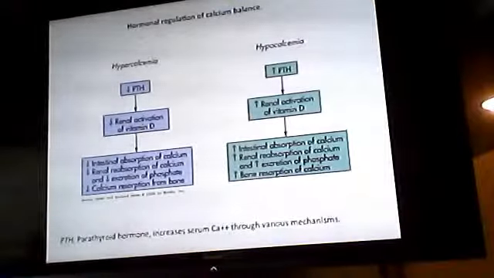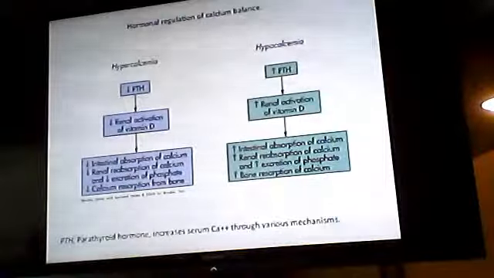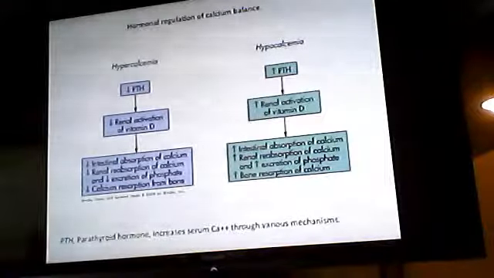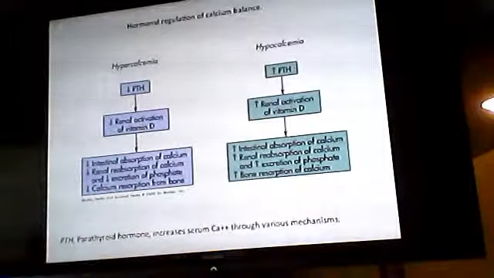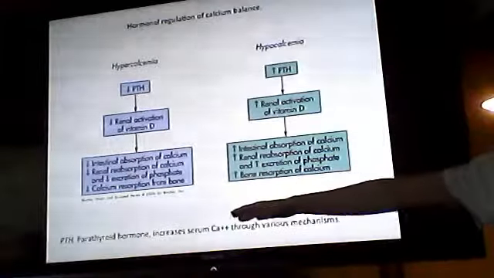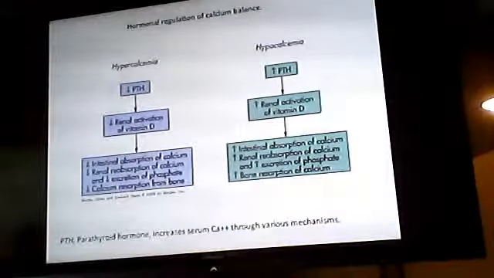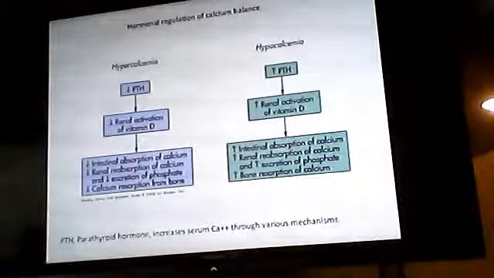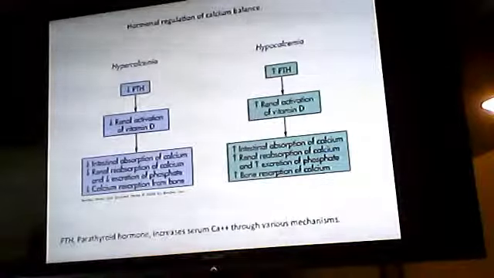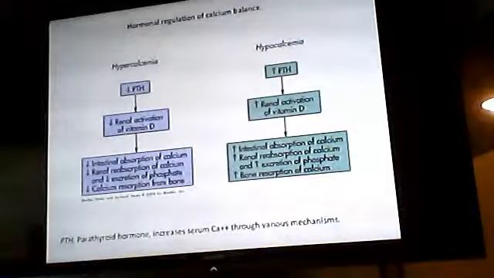So there's two conditions you can have. You can have too much calcium, hypercalcemia, or too little. If you don't have enough calcium, okay, so if we have parathyroid hormone, PTH increases calcium through various mechanisms, okay? So PTH will act on the intestines to absorb more calcium.